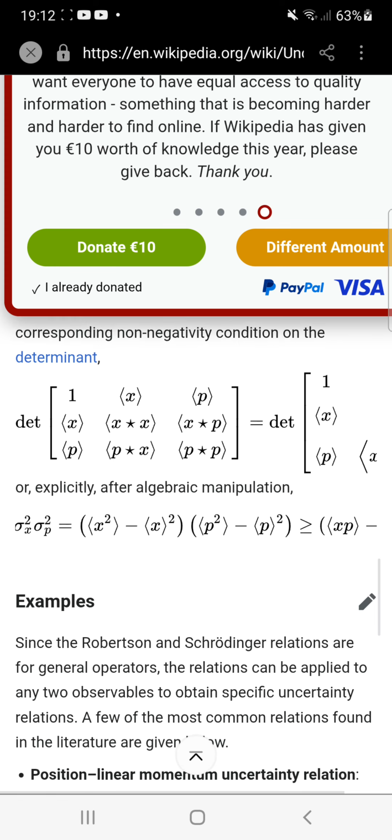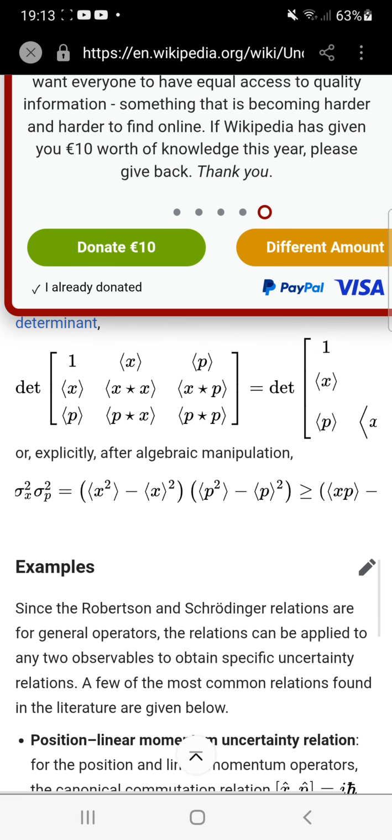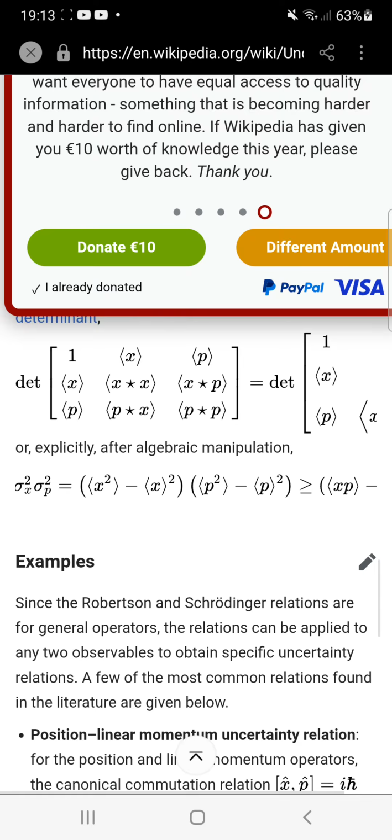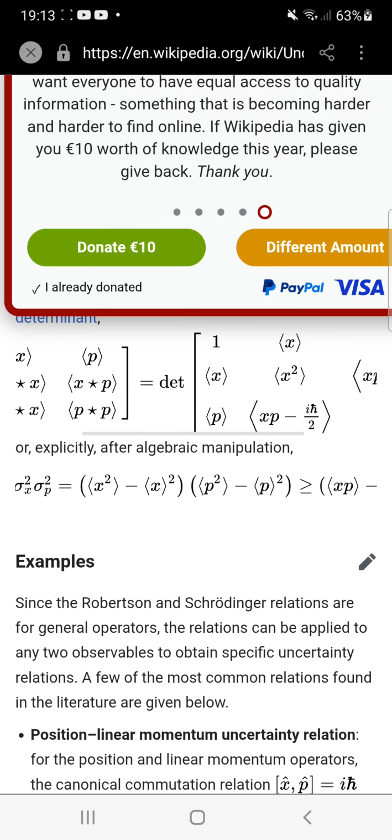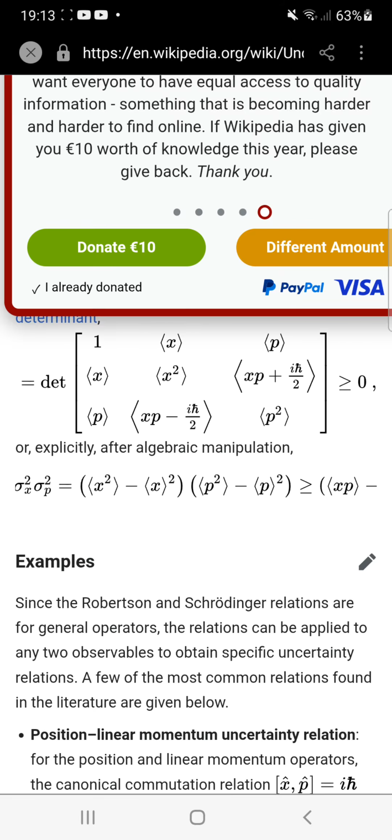the determinant of the matrix 1, x, p; x, x squared, xp plus ih divided by 2; p, xp minus ih divided by 2, p squared is greater than or equal to 0.